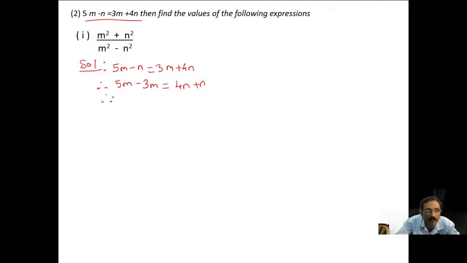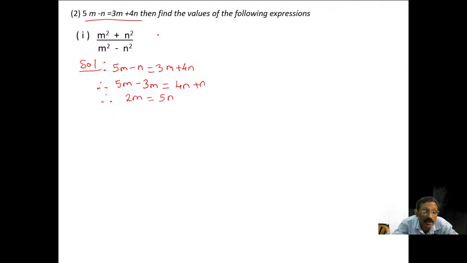Therefore, 5m minus 3m gives me 2m, which is equal to 4 plus 1, which is 5n. Now you might be thinking, I'm solving this, where will I get this then?